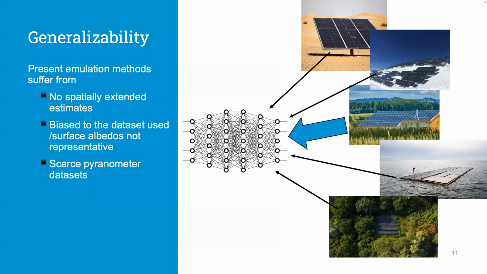For example, if you're only training on station data from Germany or northern Europe, then you have only certain types of albedos in there, and the model will not generalize so well to more southern regions where the albedo looks a bit different.